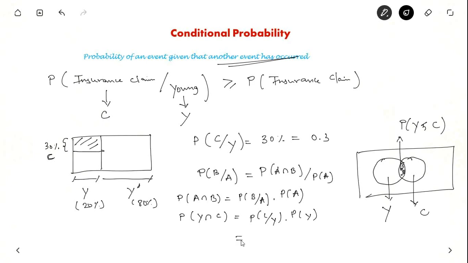This is equal to the probability of claim given that he is a young driver, which is 30%, so we write 0.3, into the probability that he is a young driver, which is 20%. So 0.3 into 0.2 is 0.06, which is 6%. So when you take out one person randomly, the probability that he is young as well as claimed for insurance is 6%. This is how conditional probability comes into use.